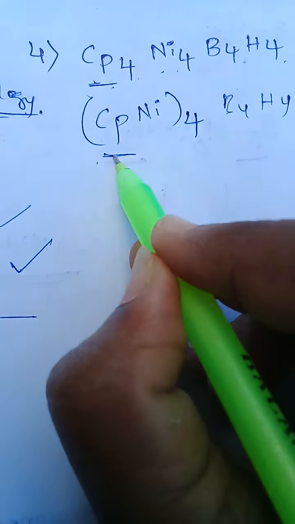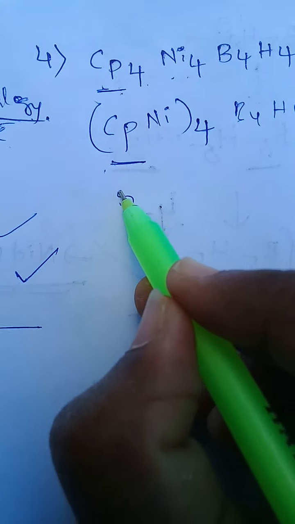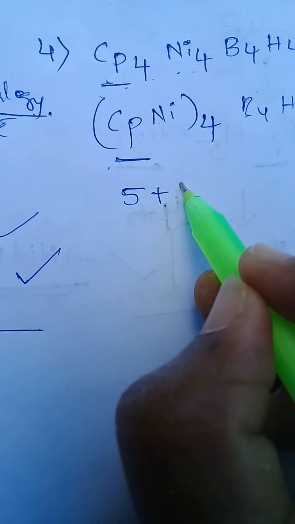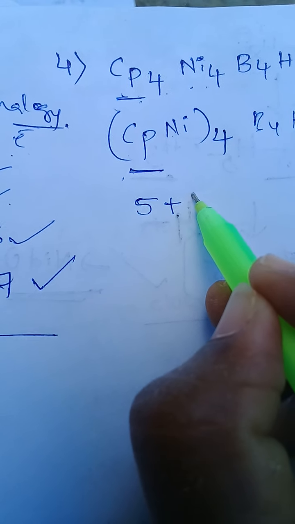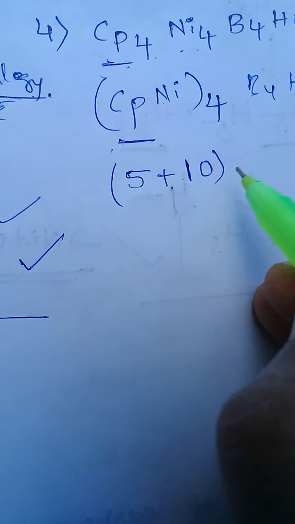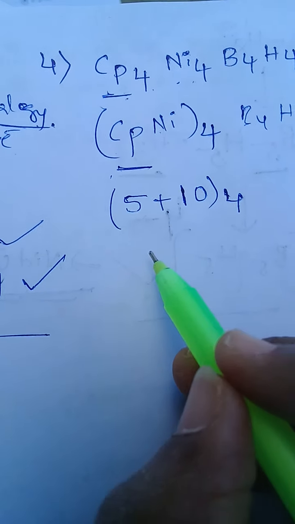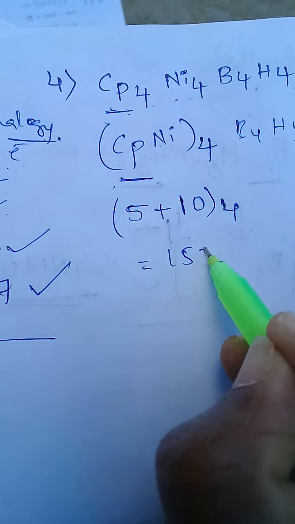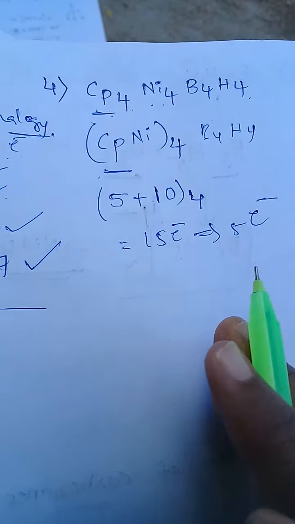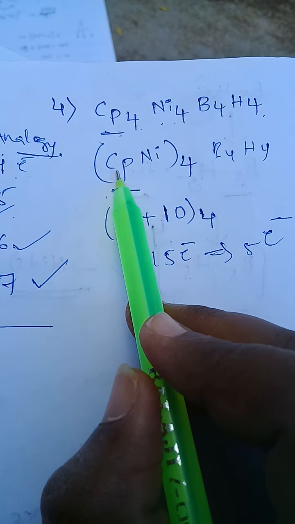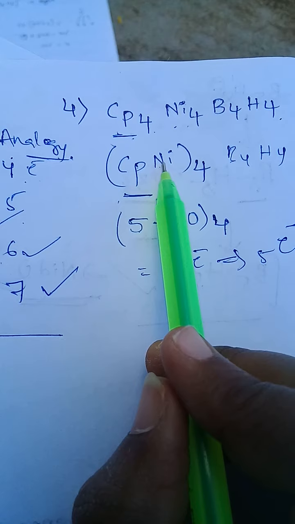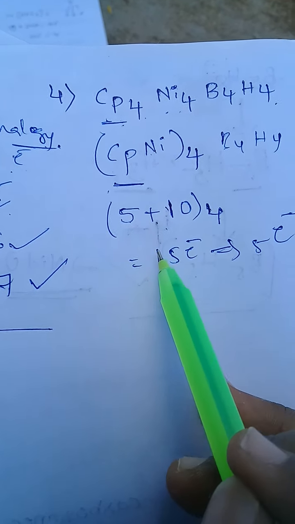Cyclopentadienyl donates how many electrons? 5, plus nickel valence electrons. Iron, cobalt, nickel, 10 electrons, and total 15 electrons. 15 electrons means 5 electrons.